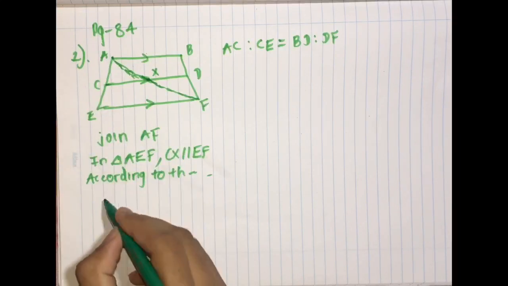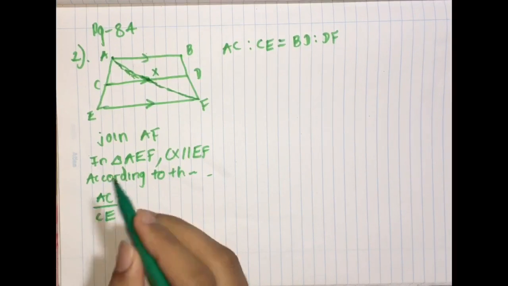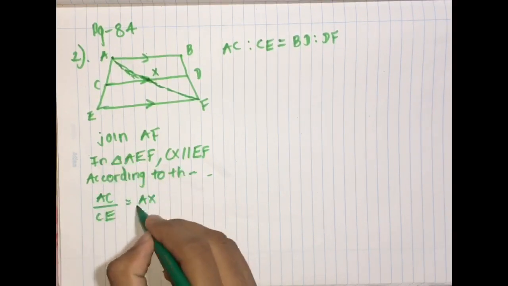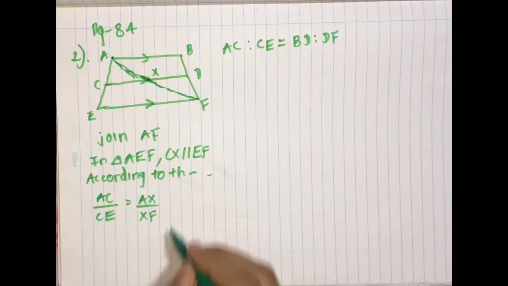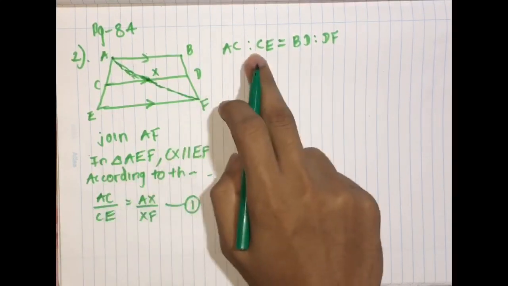That means you can say AC over CE is equal to AX over XF. This is one equation.